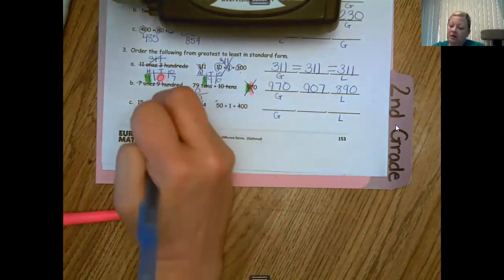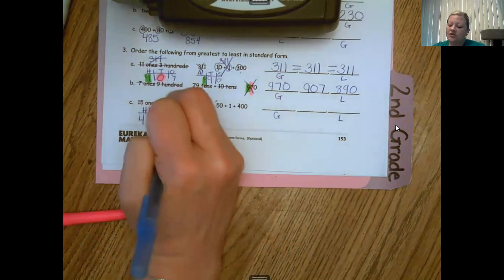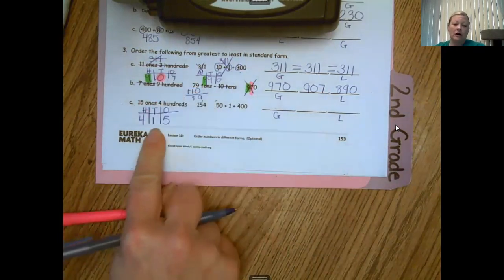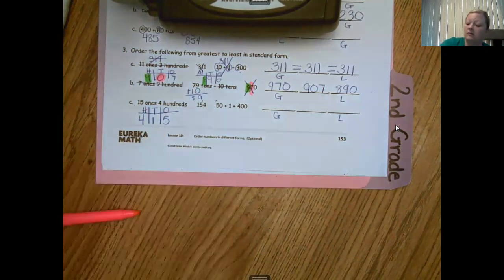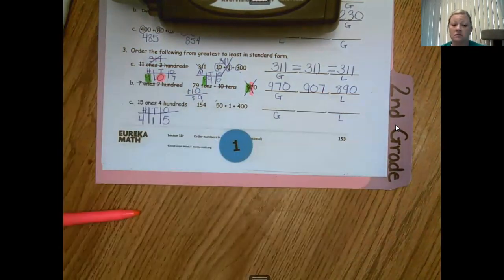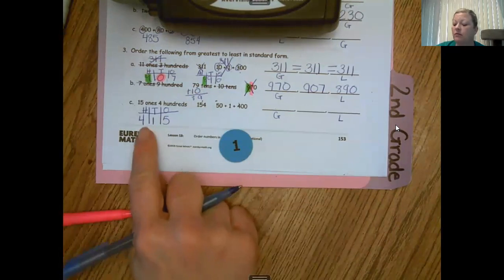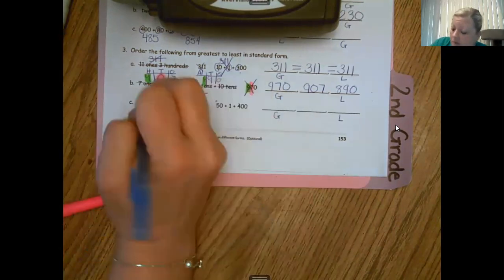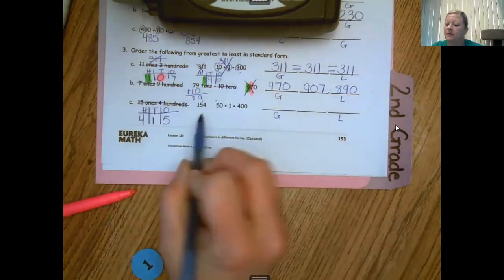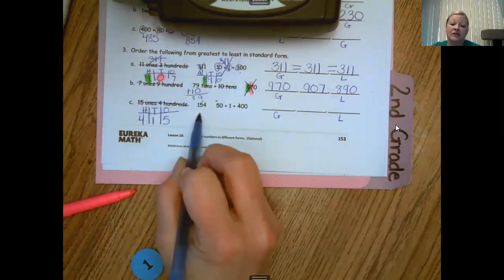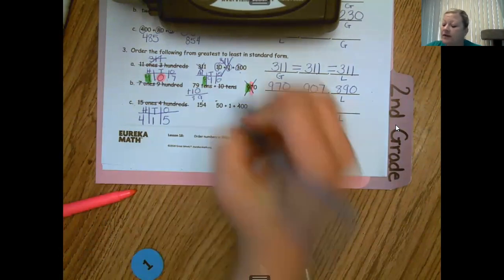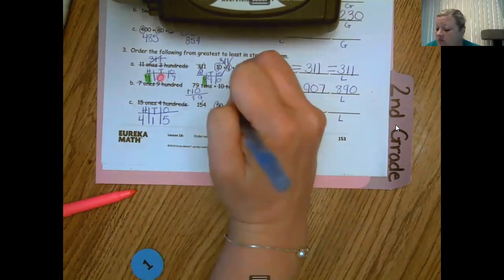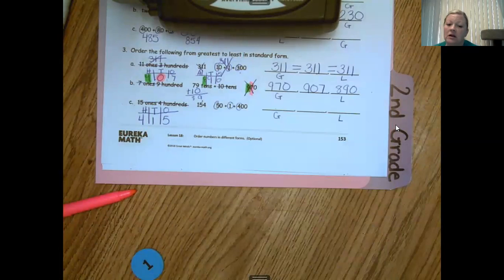So we're splitting up our 15. The 1 is going to move on up into the tens place. So we're not counting 15 little ones. So our number is now 415. I'm going to cross that out. I have 154. And we're going to circle our numbers that are not 0 in the next expanded form equation.